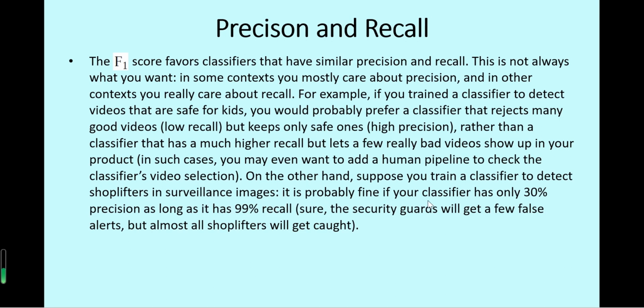It is probably fine if your classifier has only 30% precision, as long as it has 90% recall, because you want to find all shoplifters. The percentage of correct positives in your classifier may be very low, but you actually find all shoplifters, right? So this is high recall and low precision.